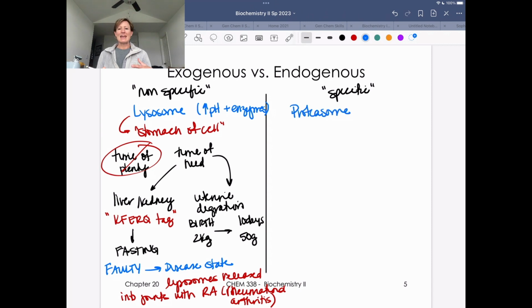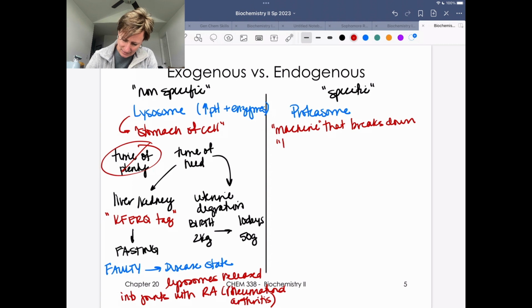And this is basically a protein degrading machine that is going to degrade proteins that are tagged. So this is a machine that breaks down tagged proteins.